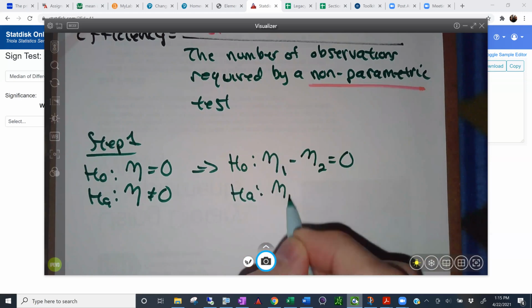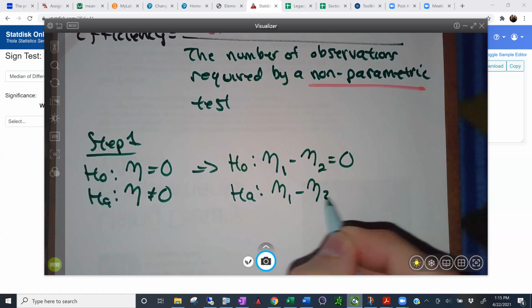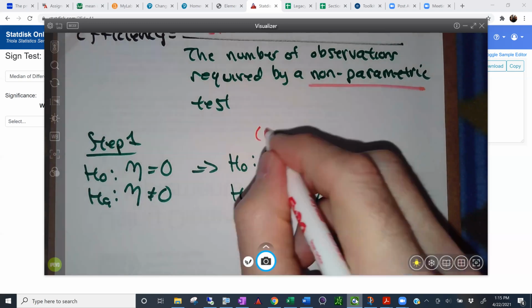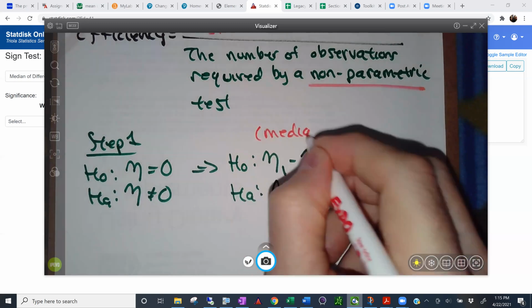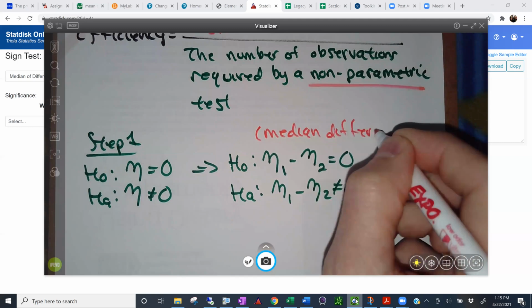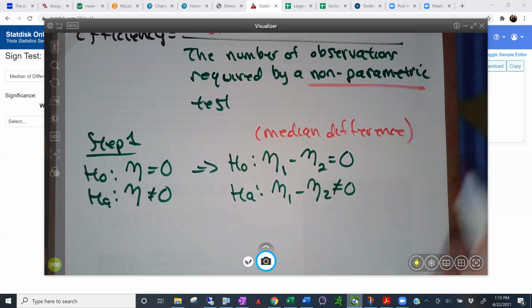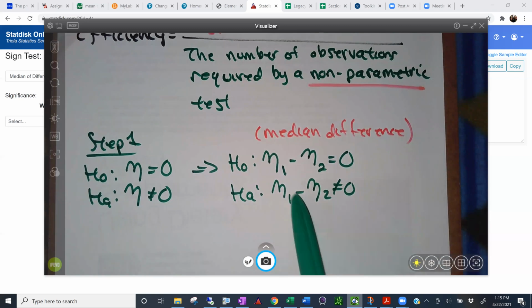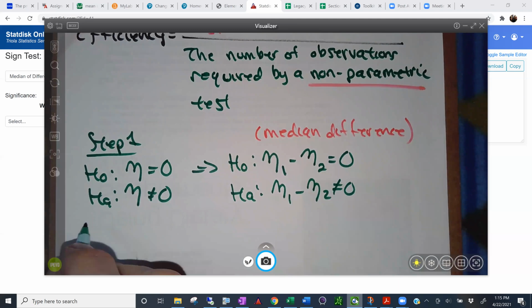That median difference is what it's called. So if half the time you overestimate, half the time you underestimate, you should get a median difference of 0. Let's see what happens when we do our hypothesis test.